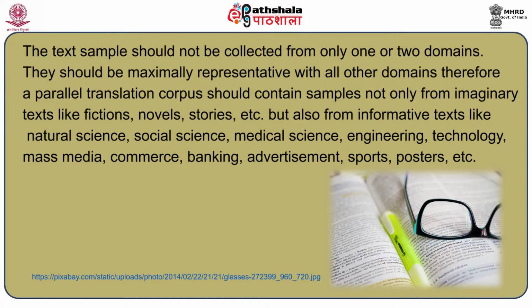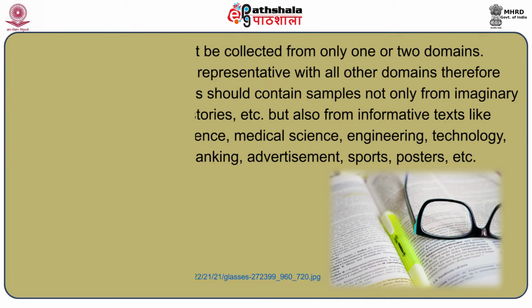Therefore, a parallel translation corpus should contain samples not only from imaginative texts like fictions, novels, stories, but also from informative texts, like natural science, social science, earth science, medical science, engineering, technology, mass media, commerce, banking, advertisements, sports, posters, newspaper, government circulars, notices, and similar other sources.